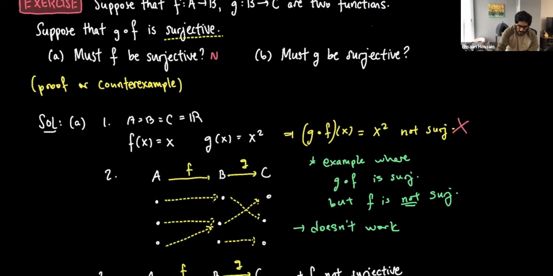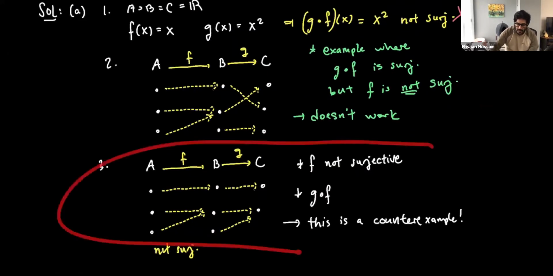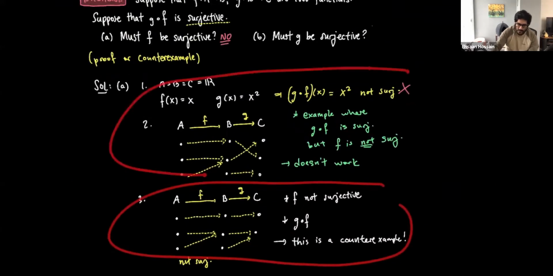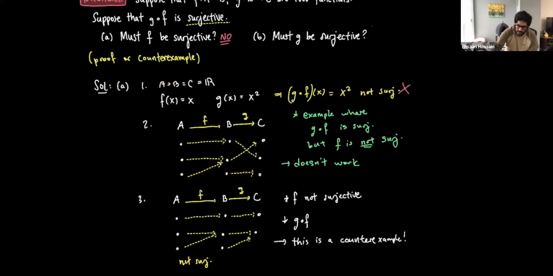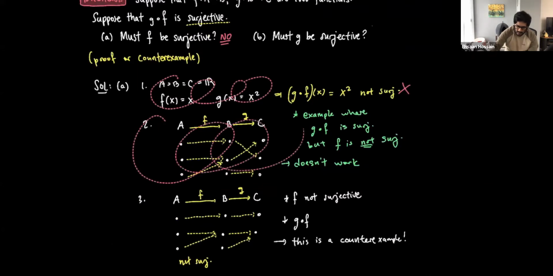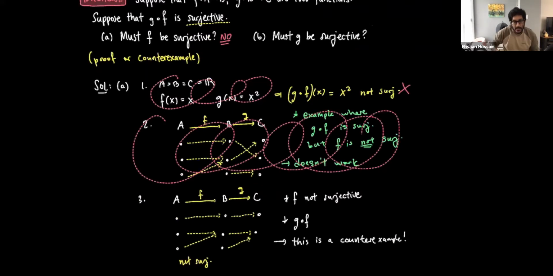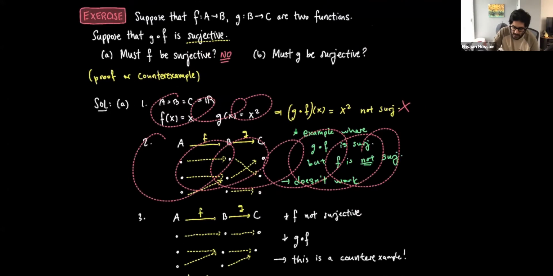The answer to A is no, and there was a counterexample here. These first two examples didn't work. Sometimes you have to try a couple things. The answer to B, let me just say, is yes, and you can prove it.